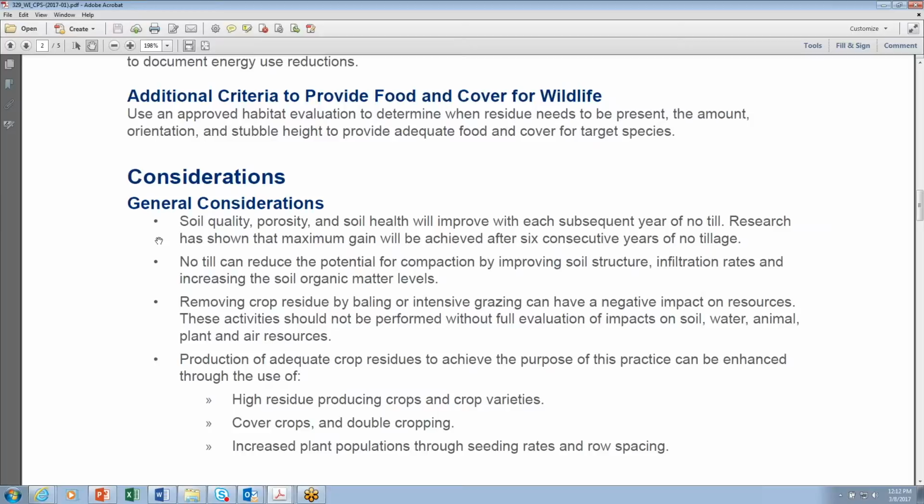Each soil has a different year. Some soils respond appropriately in less than 6 years, but overall, on an average for Wisconsin, it takes 6 years consecutively for us to really see the impact that no-till has.